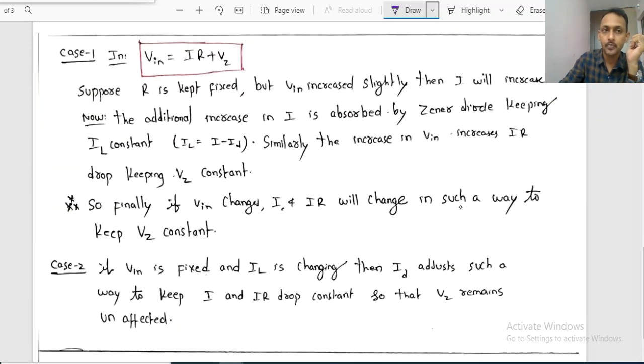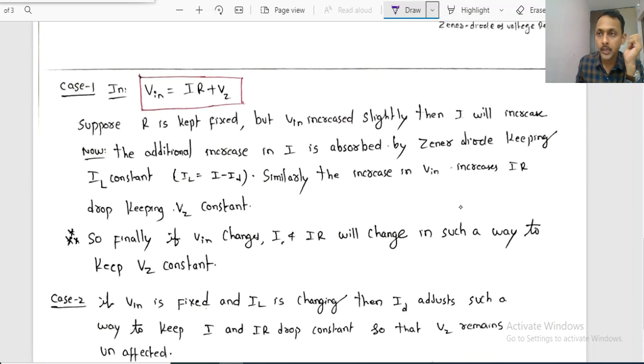For example, in case 1, R is already kept constant, R is kept fixed, but there is a slight increase in the input voltage. Because of that, what will happen? The current I also will increase. The input current also will increase. Because of that, what happens? The current flowing to the load, IL, will be constant.